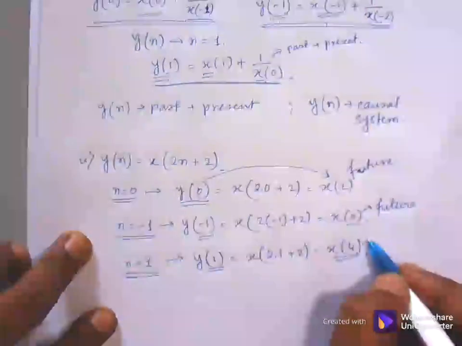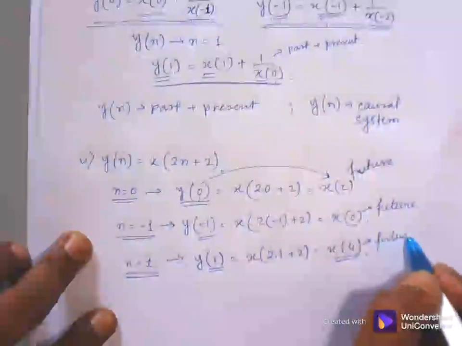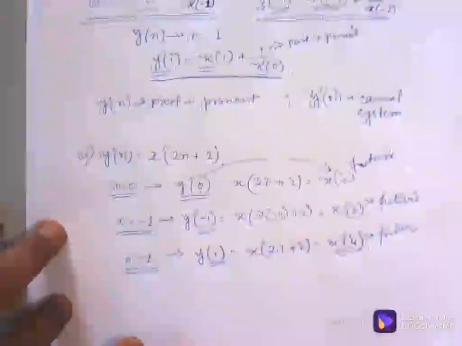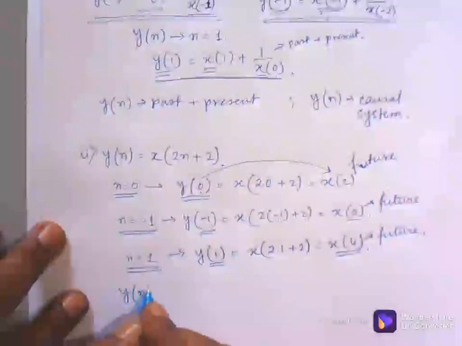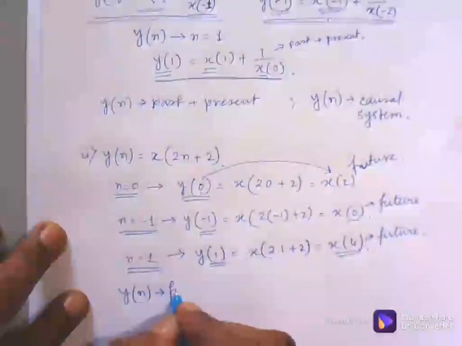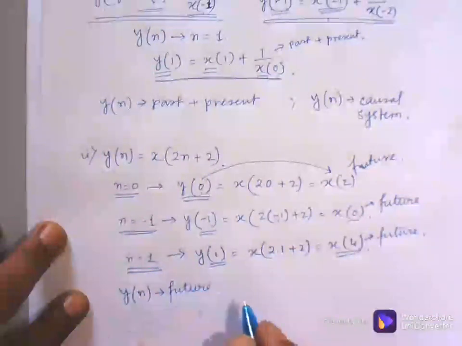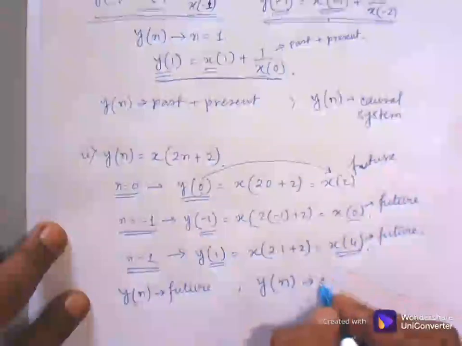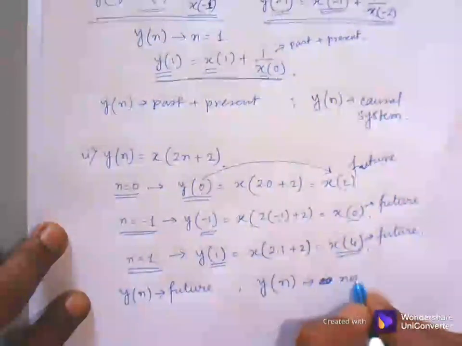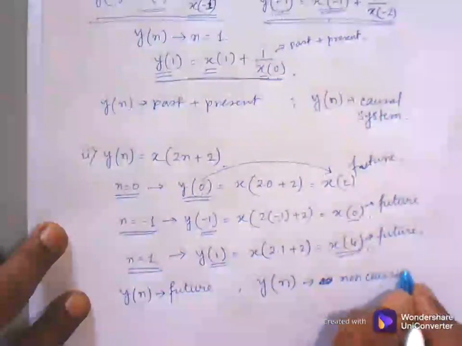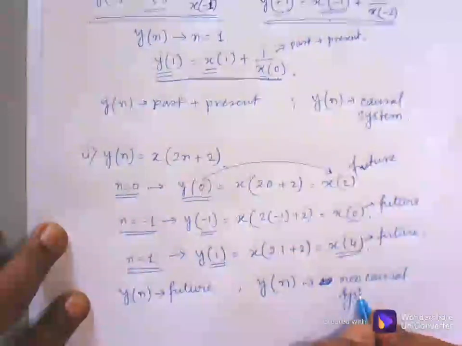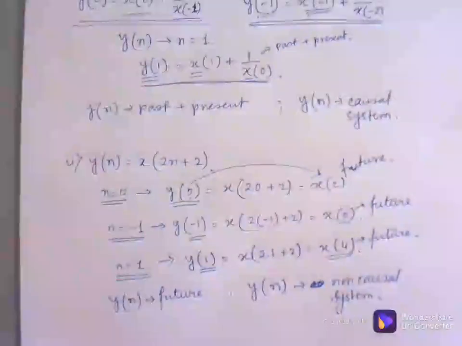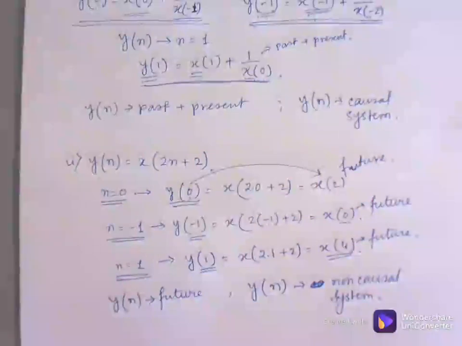So this is also dependent on future. So y of n is dependent on future value, so I can say y of n is a non-causal system.